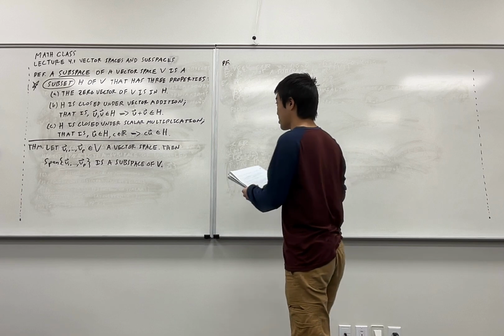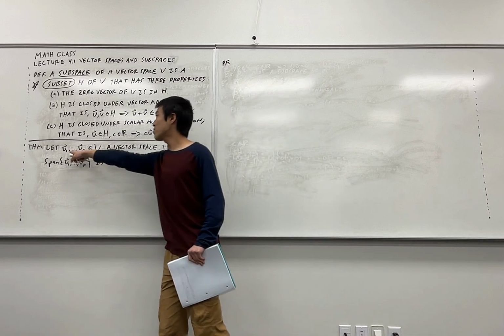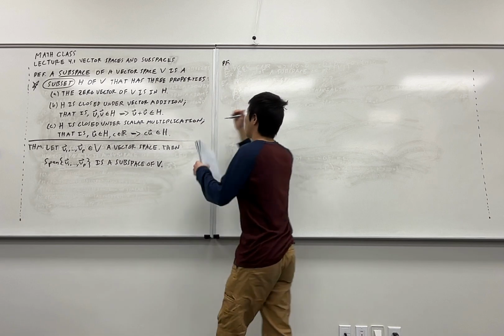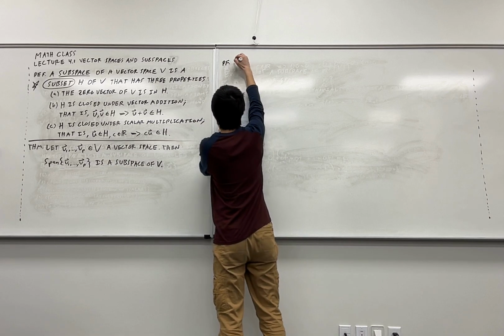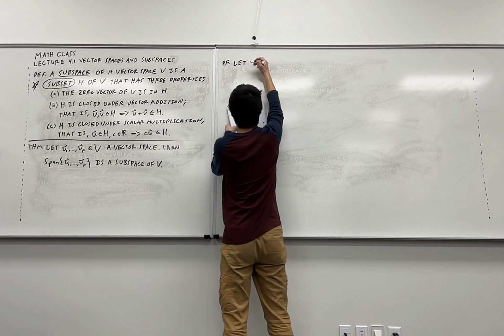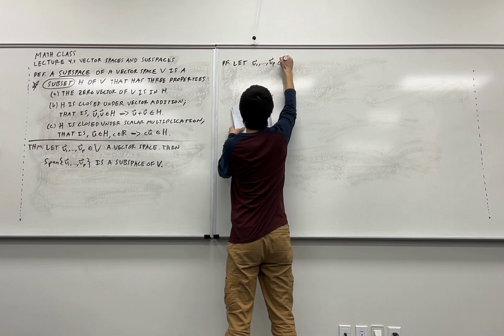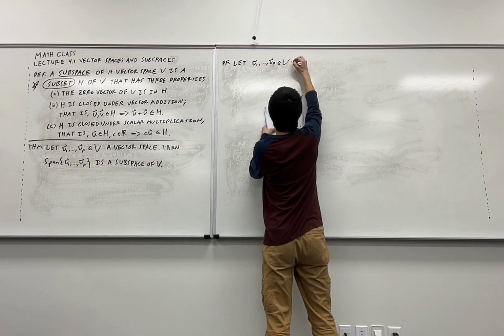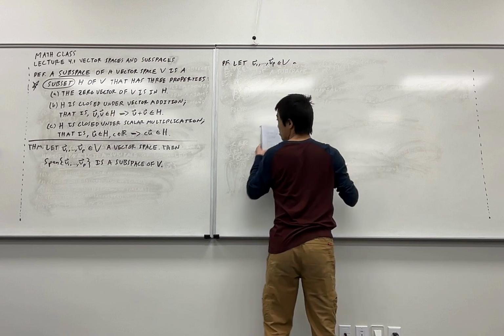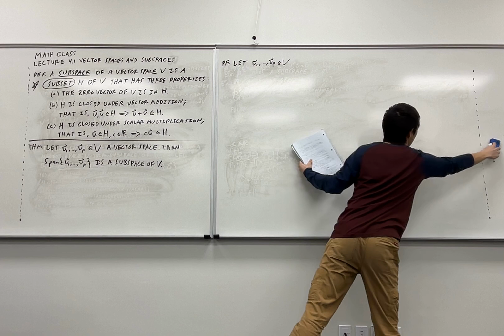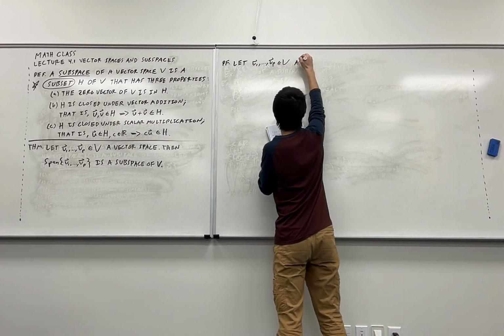Let's first initialize our stuff. So in our theorem, we need some vectors, we need a V, a vector space, and we need span. Okay, so let V1 to Vp and V be a vector space.